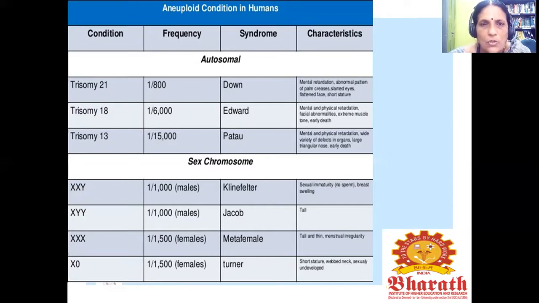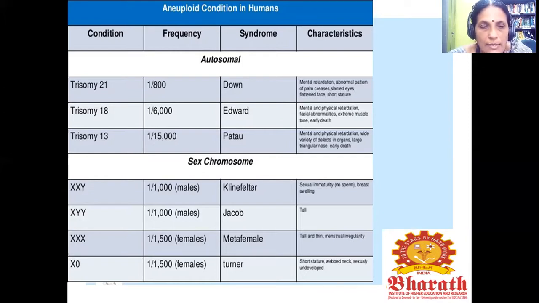and early death. For aneuploidy in sex chromosomes, the condition XXY in males, with 1 in 1000 frequency, produces Klinefelter syndrome, characterized by sexual immaturity, no sperm produced, and breast swelling. The condition XYY, present in 1 in 1000 males, produces Jacob syndrome; the character is very tall stature.